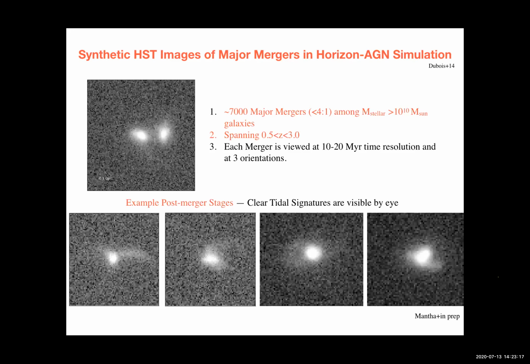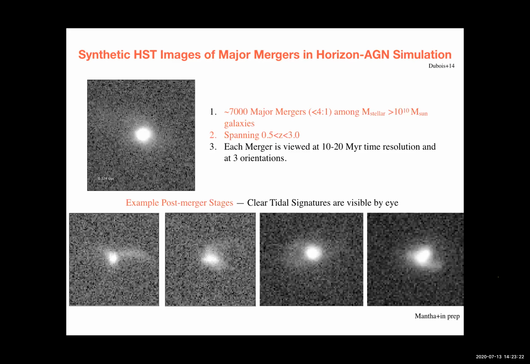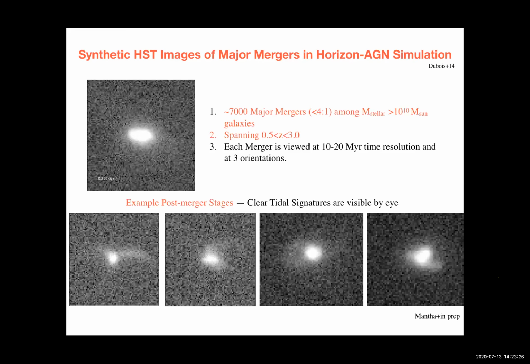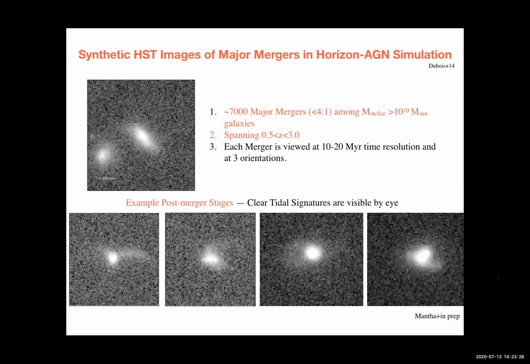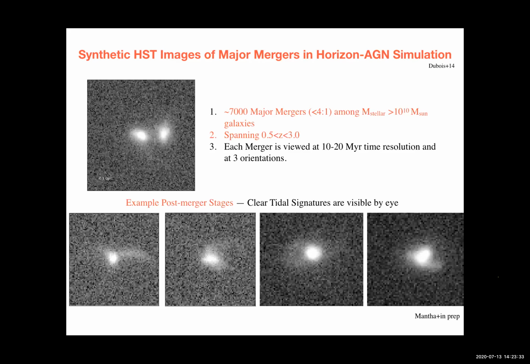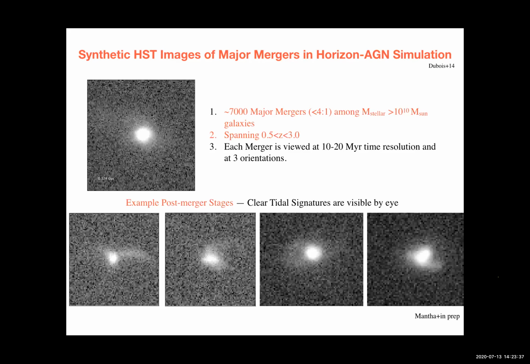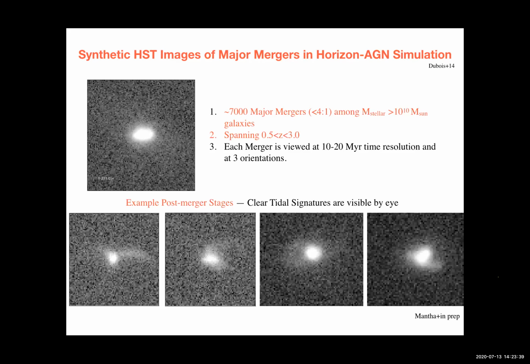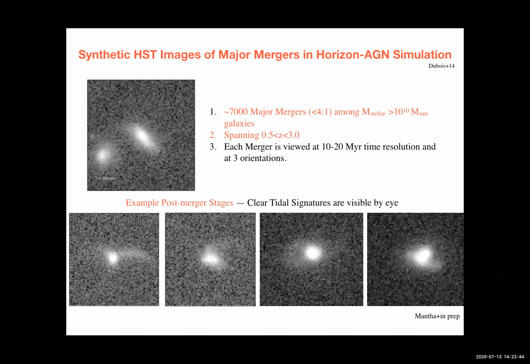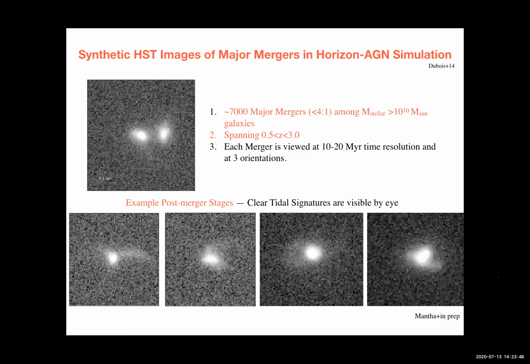So it is really interesting to do the same kind of analysis on tidal features within the same redshift range as my close pairs. And each merger is saved at high time resolution, 10 to 20 million years, and at 3 different orientations. So it would be really interesting to follow these mergers and then quantify the tidal features and try to understand several properties about them. So in the bottom panel, I'm showing example post-merger stages of galaxies, 4 different examples.